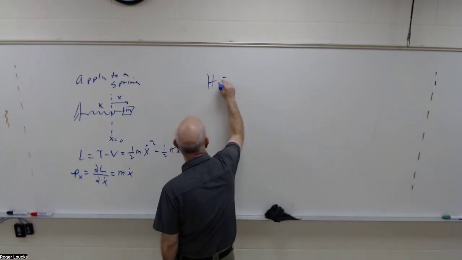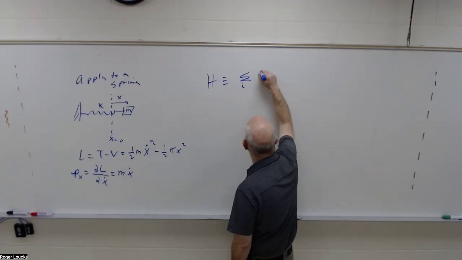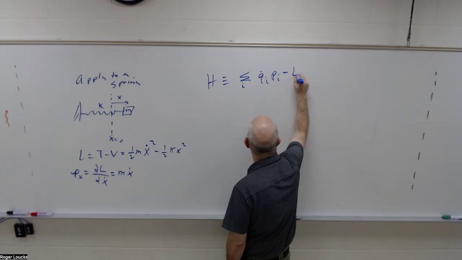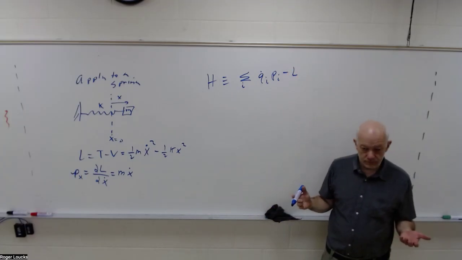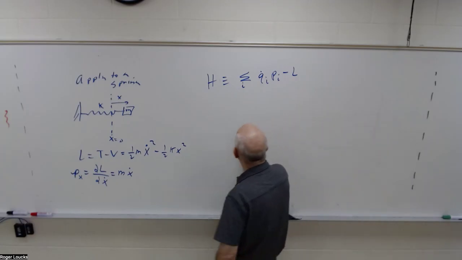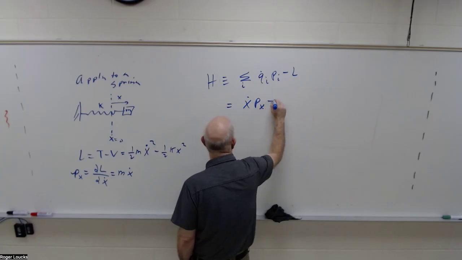H is by definition the sum over i of q_i dot p_i minus L. In our case, how many terms in the sum? Just one. So this gives us x dot px minus L.